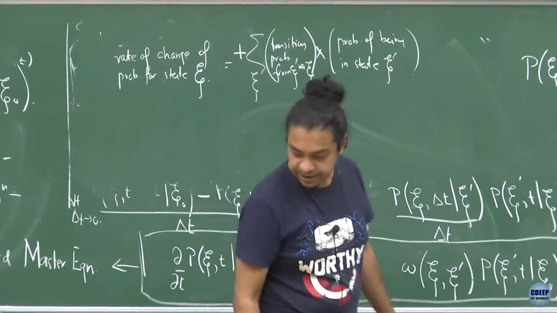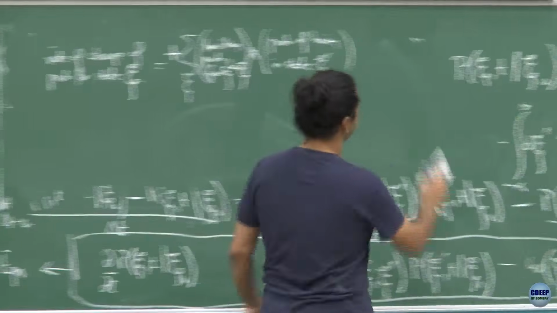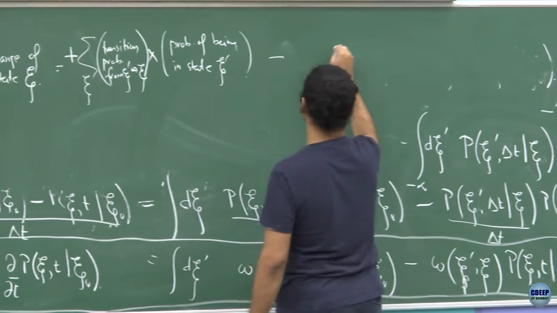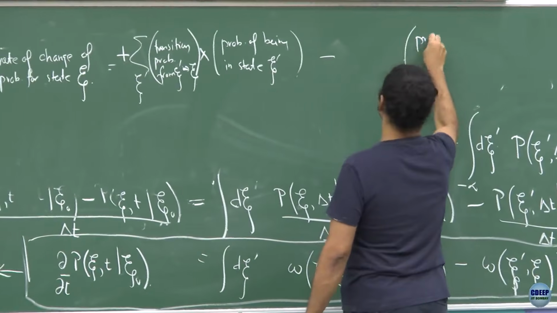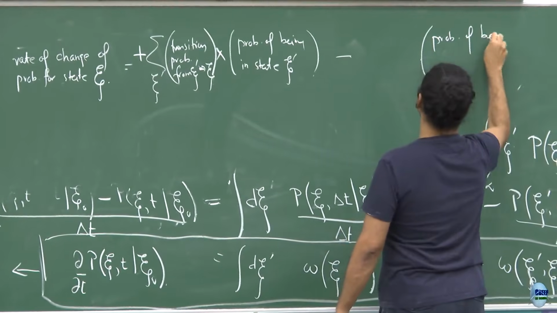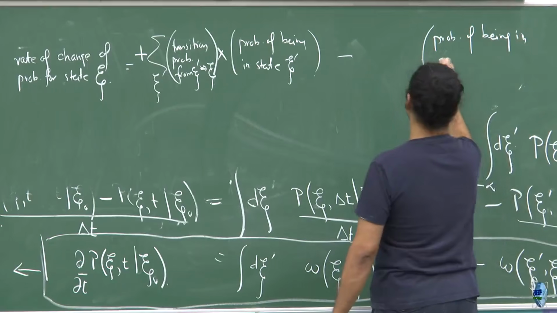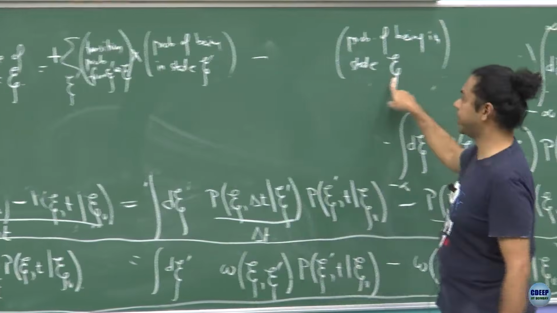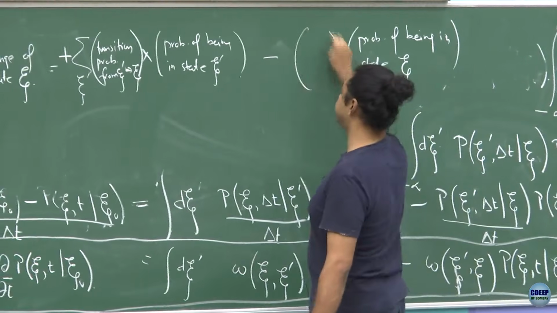Correspondingly, you will have loss terms, which correspond to the fact that you could have been in the state xi already, but then you make a jump out of this state.